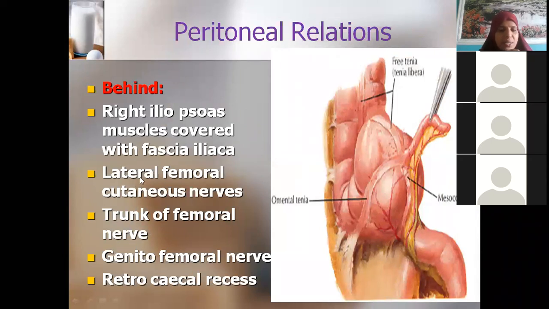What are the various nerves we see? Lateral femoral cutaneous nerve. These are all branches coming from the lumbar plexus, because the lumbar plexus will be coming down on either side. So on the right side, right lateral femoral cutaneous nerve, right trunk of the femoral nerve, right genitofemoral nerve, and this recess is the retrocecal recess. These are posterior relations.